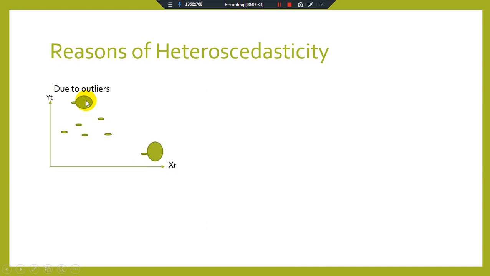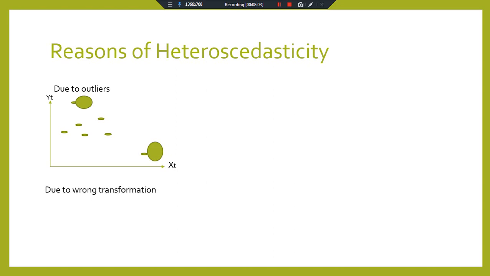These 2 points will force our variance to be not constant. So that's why outliers are the main reason of heteroscedasticity in our data. So in statistics we learn how to deal with these types of outliers.